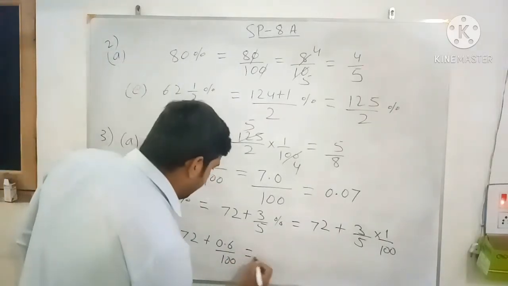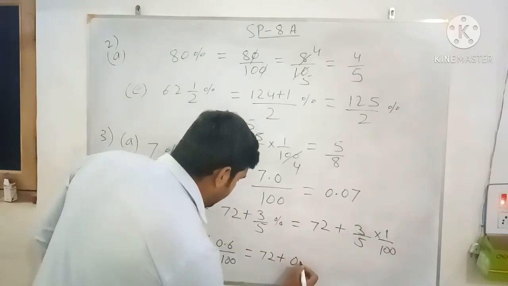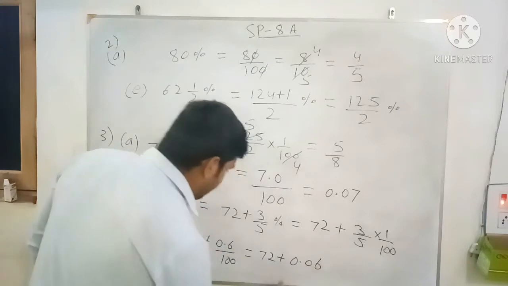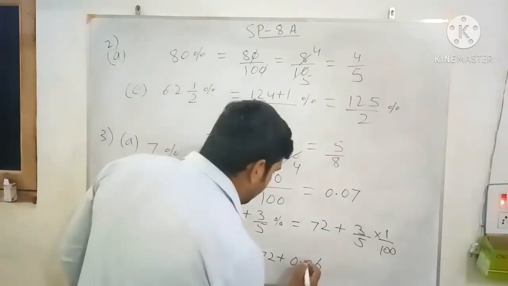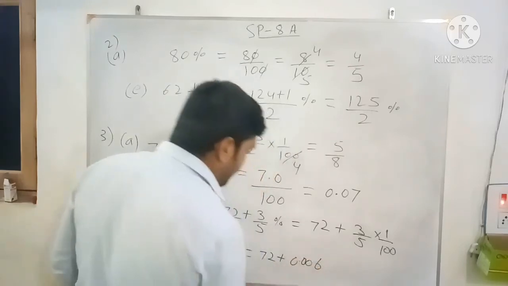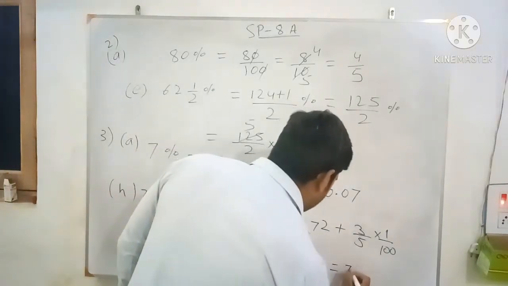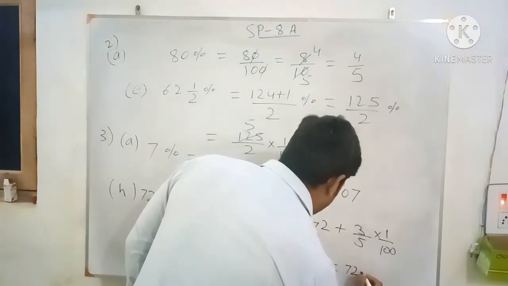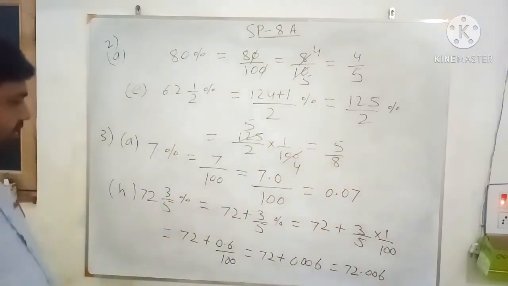So again we can write this as 72 plus 0.006. So the answer will be 72.006. See in the decimal form, 72.006.